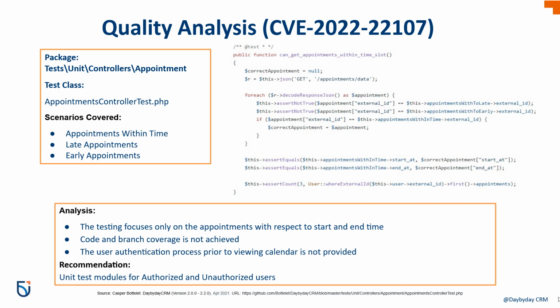So with respect to the module calendar, the code and branch coverage is not achieved. What that basically means is that all the lines within the calendar module were not tested, and all the behavioral paths within the calendar module were not tested. The user authentication process prior to viewing the calendar is also not mentioned here. So our recommendation here is to add two unit tests, one for authorized users and one for unauthorized users, to check how the calendar module behaves in case of different types of users.